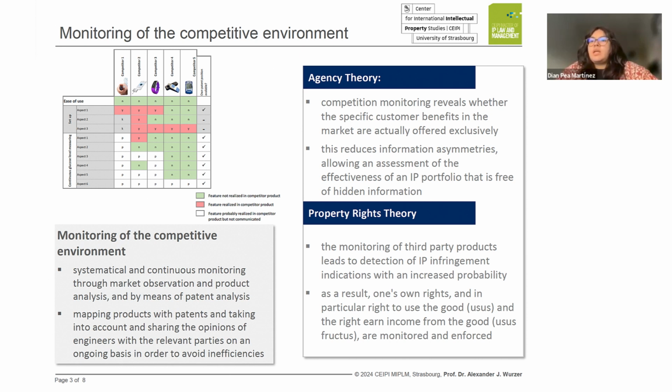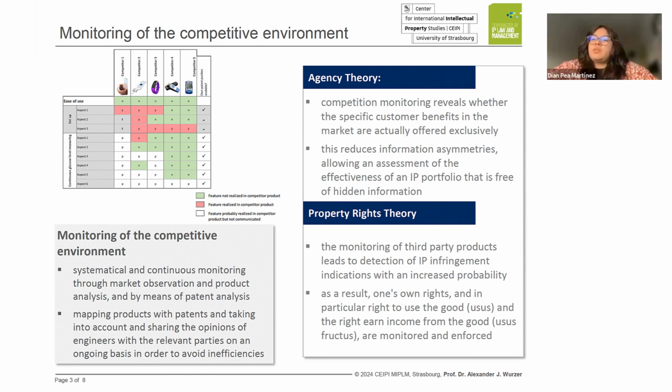From an agency theory analysis, this competition monitoring reveals whether the specific customer benefits in the market are actually offered exclusively. This also reduces the information asymmetries, allowing an assessment of the effectiveness of an IP portfolio that is free of hidden information.